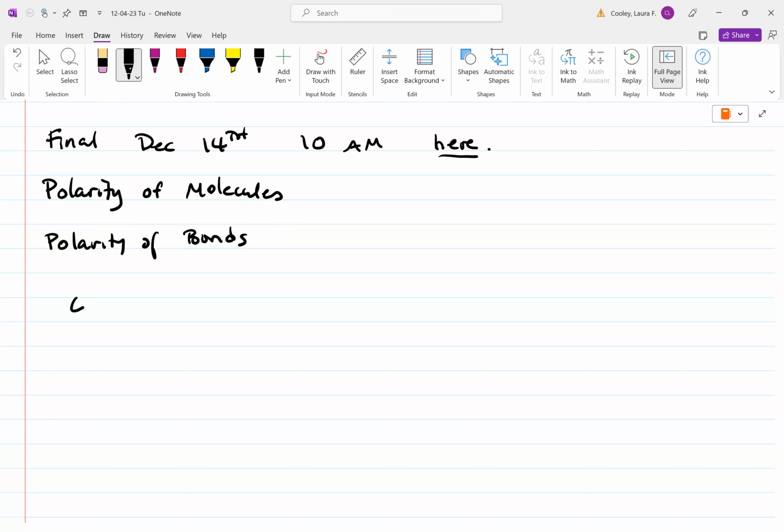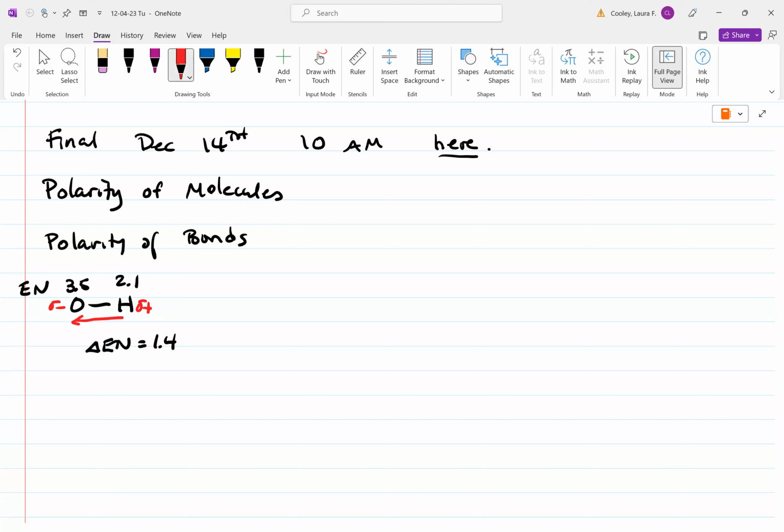We know how to do that already. For example, I did this last time, an OH bond. If you look at the electronegativity values, which I'm writing down here, you see there's a difference in electronegativity of 1.4. It's greater for oxygen, so we draw an arrow pointing from the slight positive end to the slight negative end. That delta means slight, small.